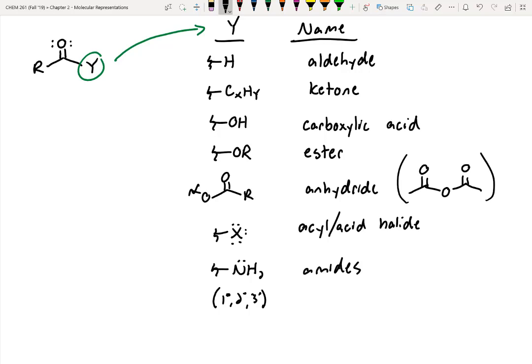Those of you that have taken biology, which important biomolecule? Polypeptides. So polypeptides are actually linked together amino acids, and the linkage is actually an amide bond within them. So it's a very, very important bond in biology. Does that make sense? All right.